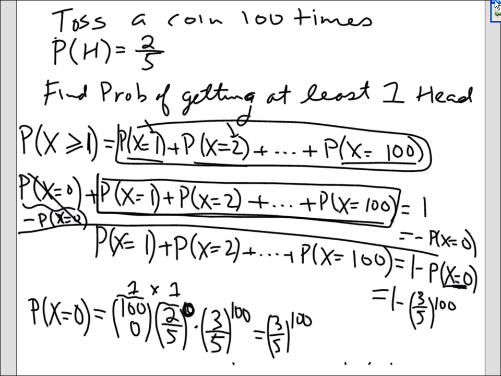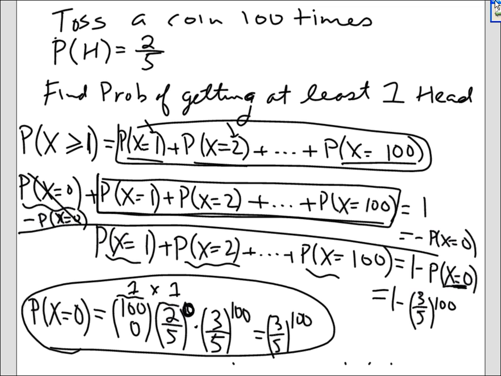Okay? So using the complement really made life easier. Instead of calculating 100 of these, I mean, look, it wasn't that long, but it took a little time. Look how long it took to do that one, maybe a minute. So you're going to have to spend 100 minutes to do all 100, then you have to add them together.